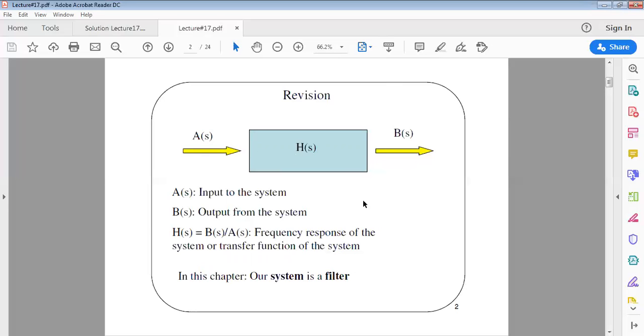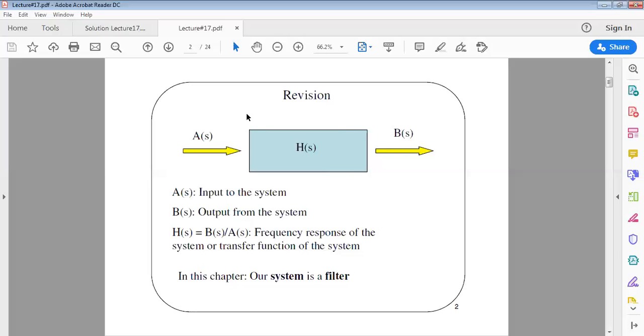So we can see that the transfer function or the frequency response of the system is simply a ratio of the output, B(s), over the A(s) of the input. This is how you can calculate the transfer function or the frequency response of the system, by simply finding a ratio between the output and the input.